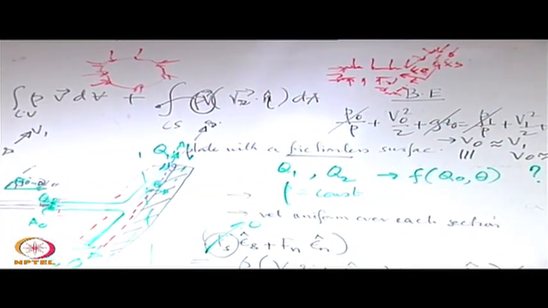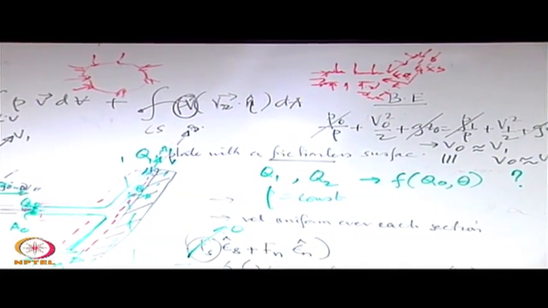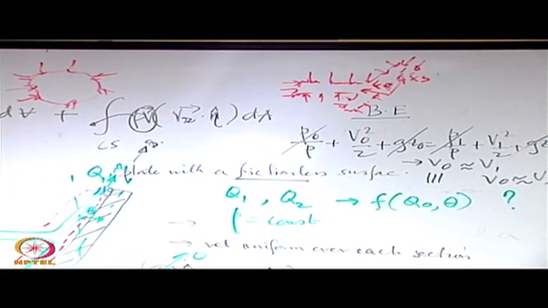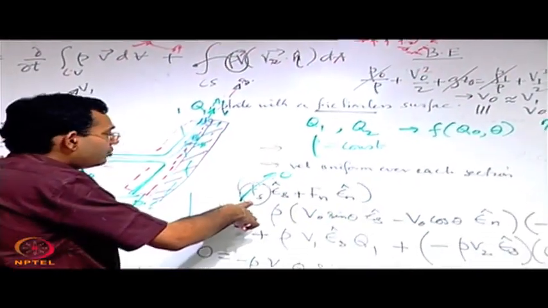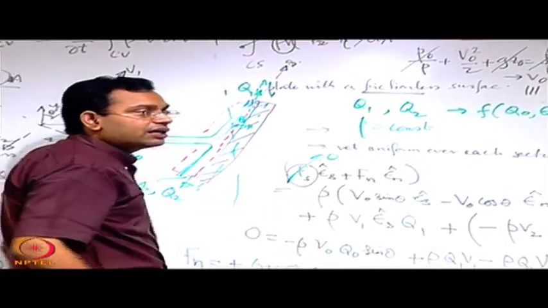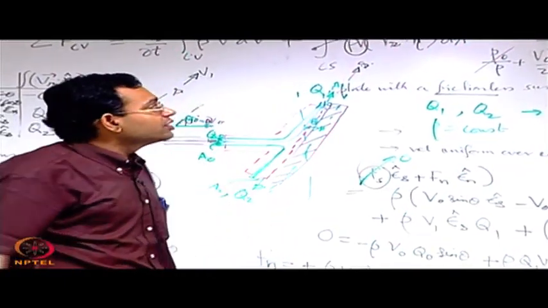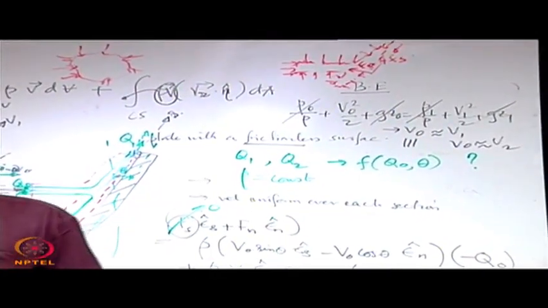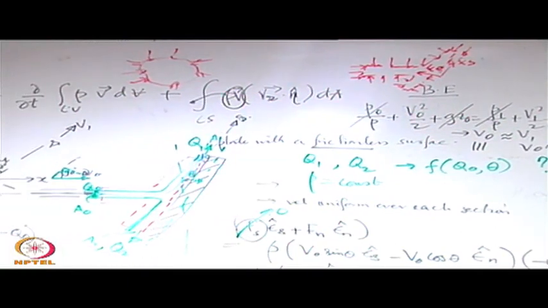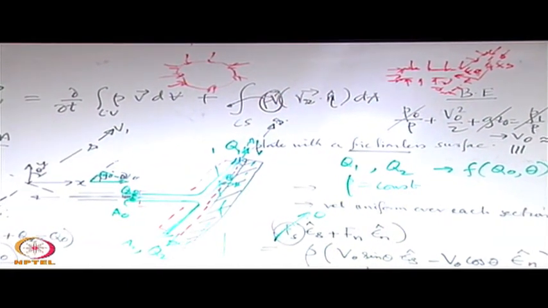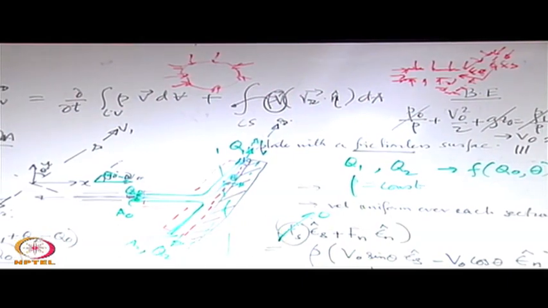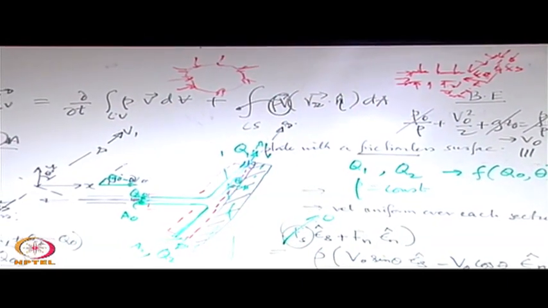Fs is 0 we have seen, and that gives a clue that it is between whom and whom, right. When we said Fs equal to 0, we were thinking about an interaction between the plate and the water. So Fn also should be a consequence of interaction between the plate and the water. So it has two possibilities: force exerted by plate on the water or exerted by water on the plate.